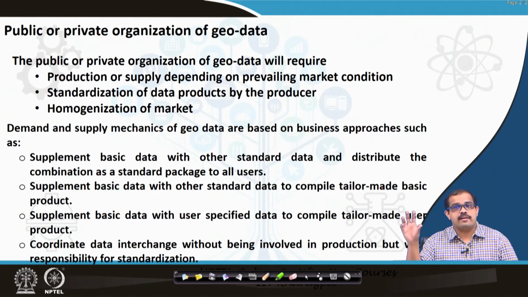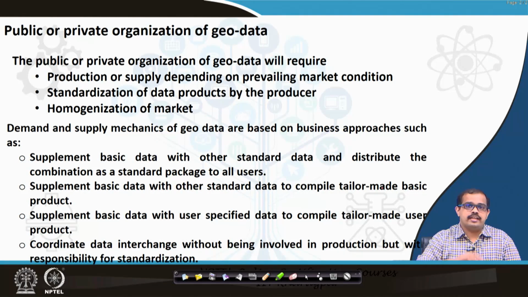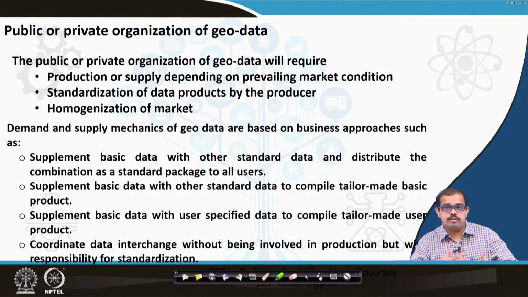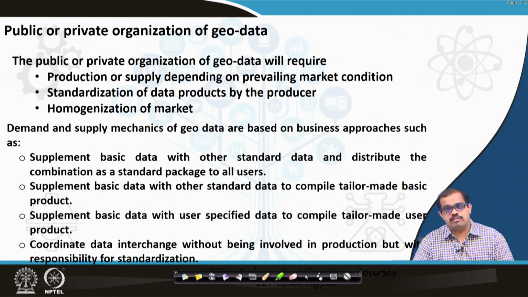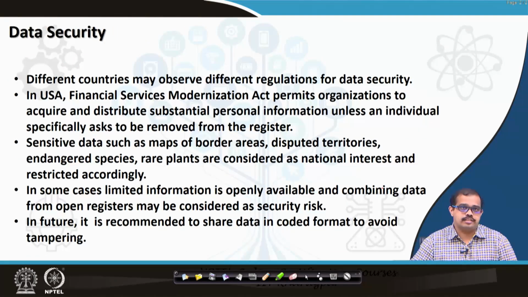This is what the private companies do till now, or any of those companies which are providing data. Supplementing basic data with user specified data to compile a tailor made user product is what most of the enterprising companies do till now. So, all of these are different business approaches that you can take. Okay. So, it depends on a particular company and a particular user to choose what kind of data, and from which source that particular data is considered.